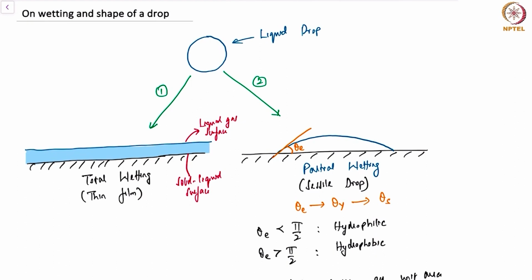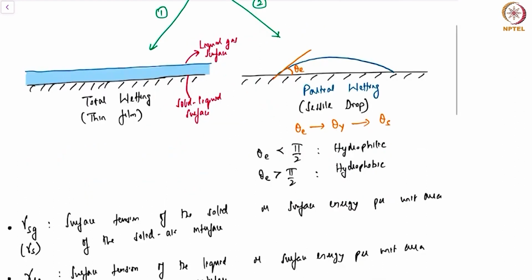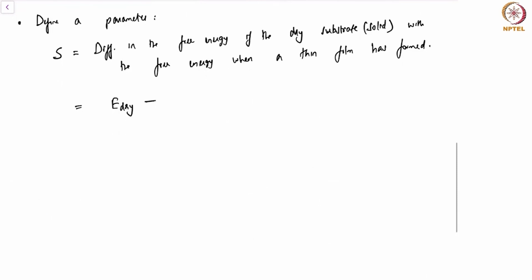We have two surfaces. In place of one, we have now created two surfaces. So the free energy after a thin film is formed would be nothing but the free energy of the thin film plus the substrate, right?